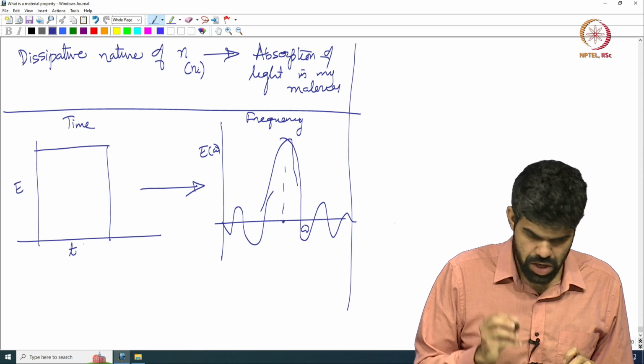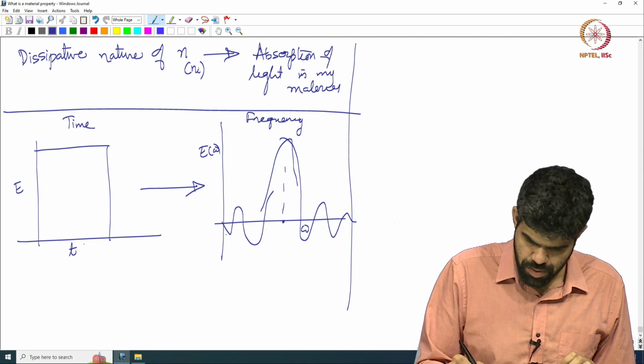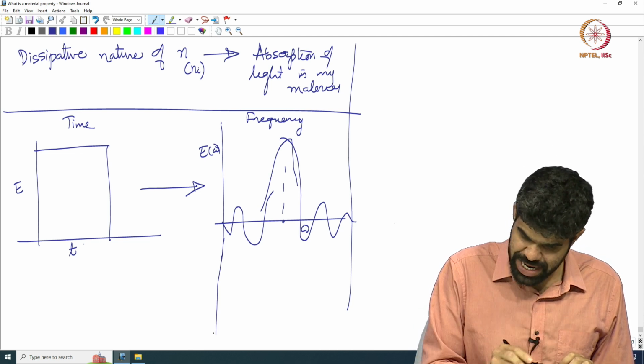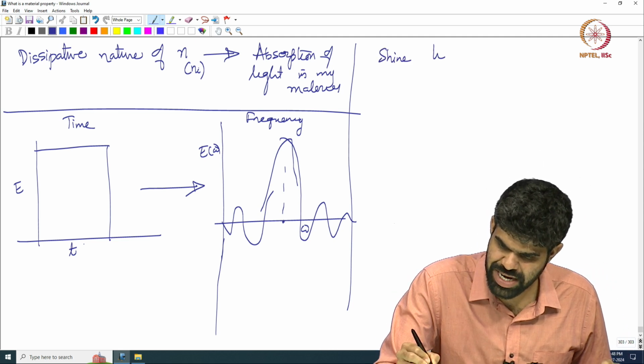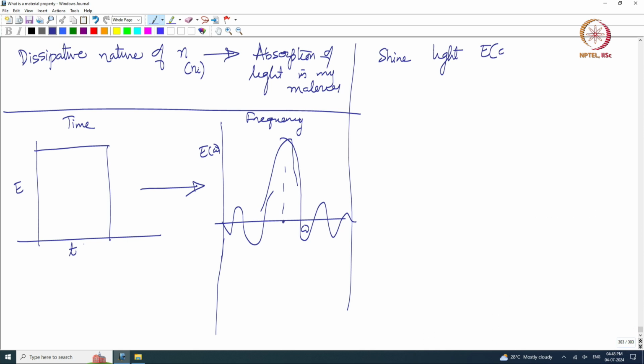Okay, all right, good. Now, I am shining this on a material. So I shine light E of omega on my material, right, or in other words that also has a time dependence. E of t is the corresponding time dependence.